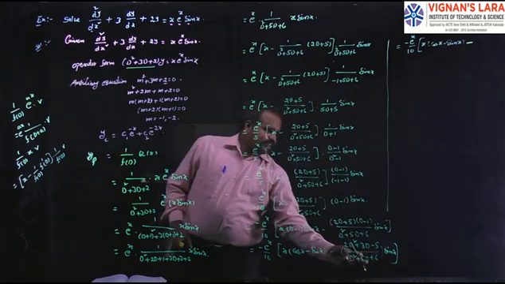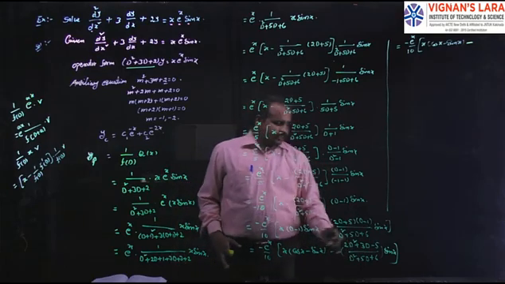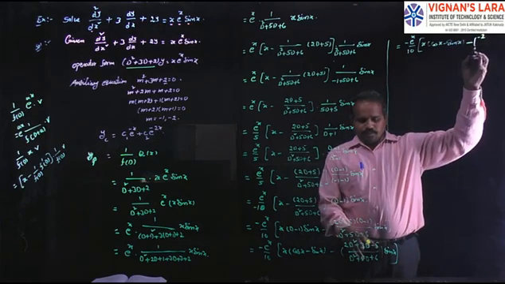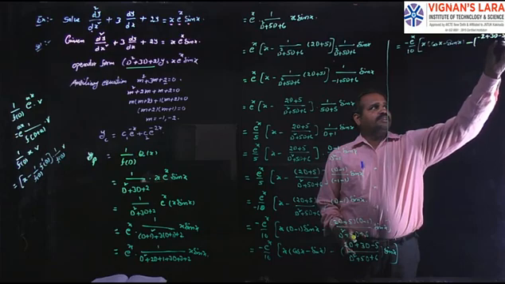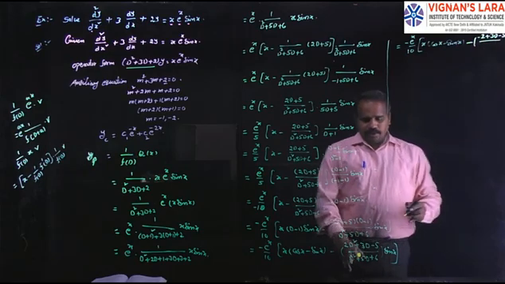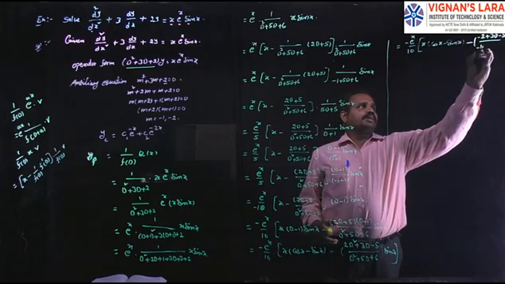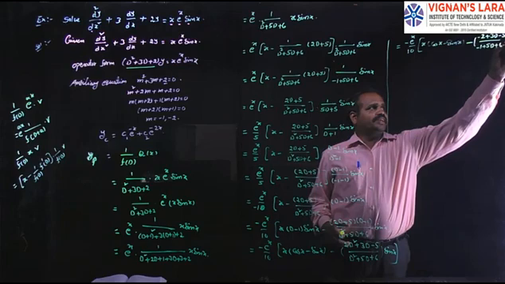So minus 1 plus 5D plus 6. Here also there is a D square. Substitute D square as minus 1. So this one is minus 2 plus 3D minus 5, by D square is minus 1, minus 1 plus 5D plus 6, into sin x.